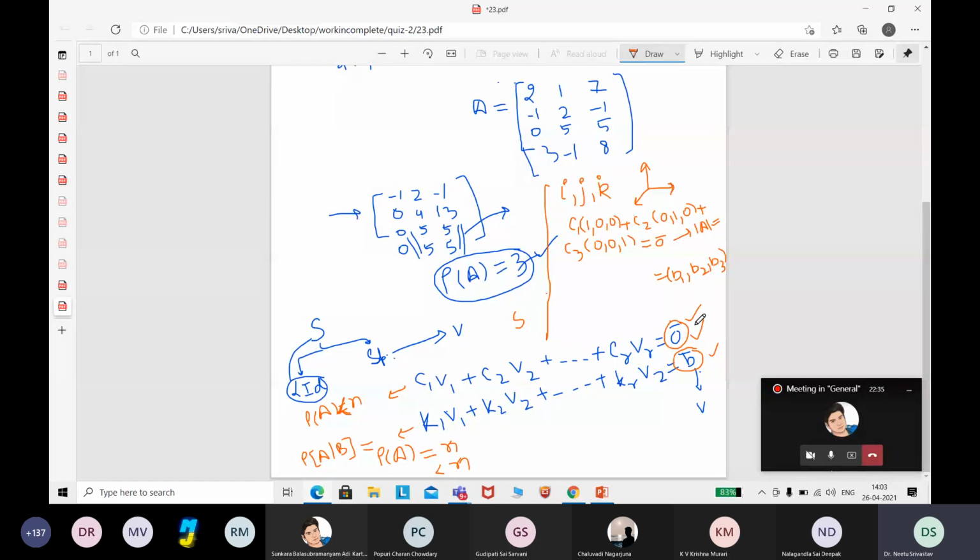First condition, linearly independent when the right side is equated to 0.